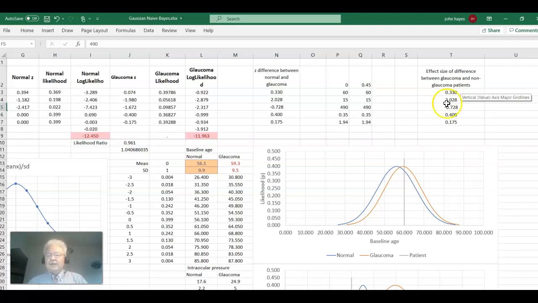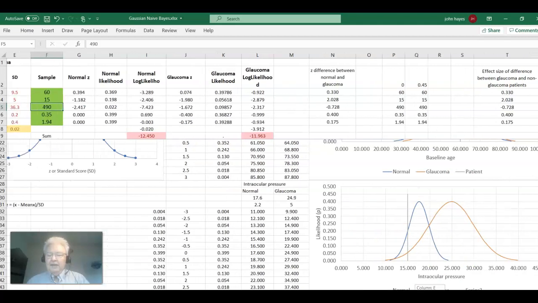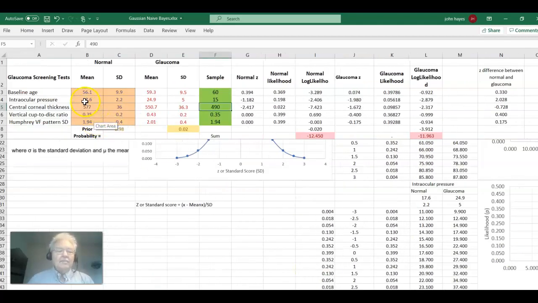The effect size for IOP is really big. This one, even though there is all this overlap, that's still a 2 standard deviation difference between the mean of this distribution and the mean of this distribution. Again, effect size is calculated by 24.9 minus 17.6 divided by the average of 2.2 and 5.